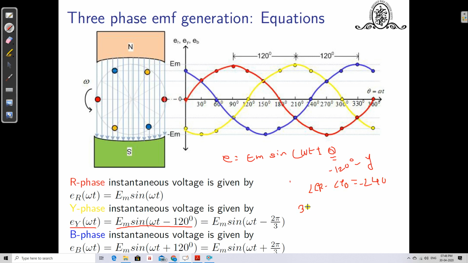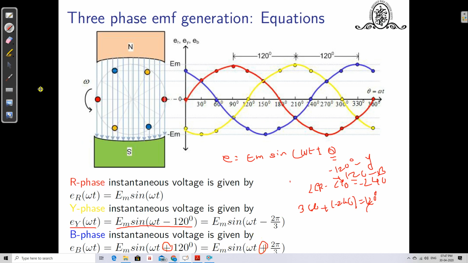Total rotation is 360, so we take 360 minus 240, which gives plus 120. It indicates that the phase angle difference between R phase and B phase is plus 120 degree. That is, the value of theta is plus 120 degree for B phase. Hence its equation can be written as EM sine omega t plus 120 degree, that is, EM sine omega t plus 2 pi by 3.